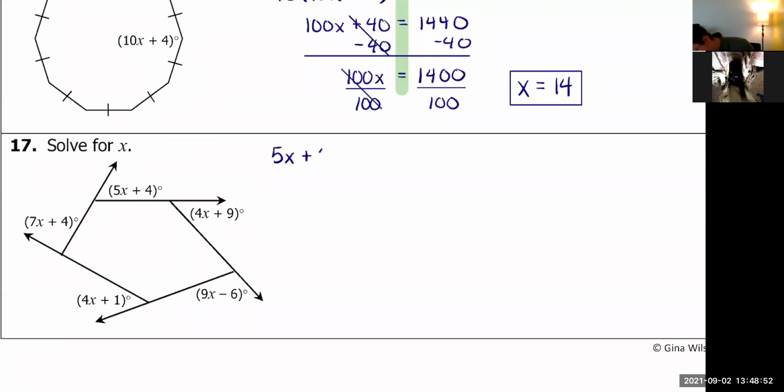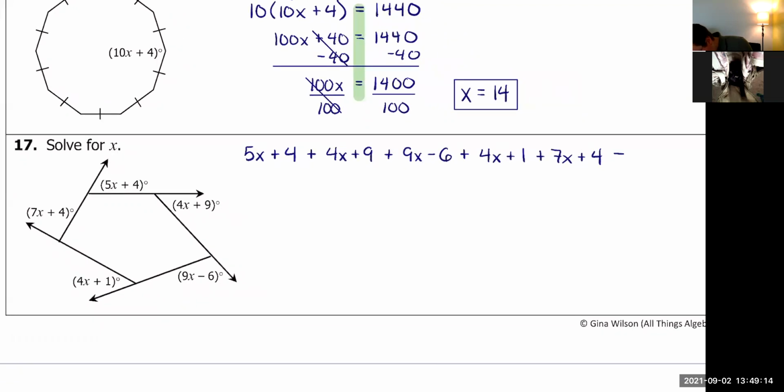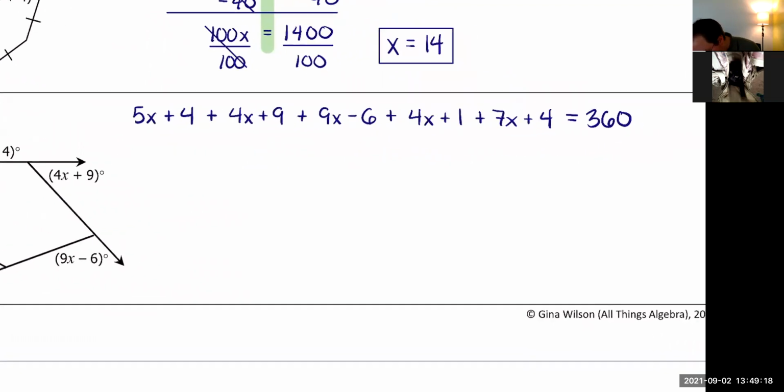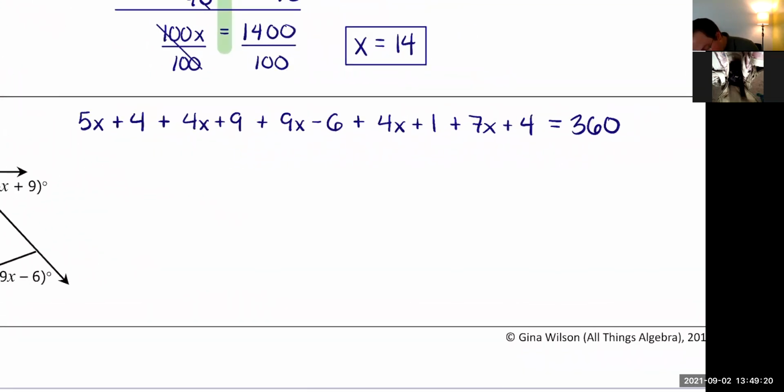So 5x plus 4 plus 4x plus 9 plus 9x minus 6 plus 4x plus 1 plus 7x plus 4 should equal a grand total of 360. Now, very quickly, I would suggest going through checking for those like terms.